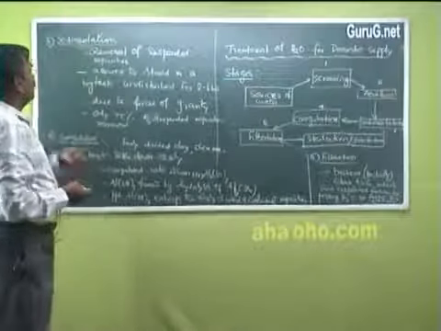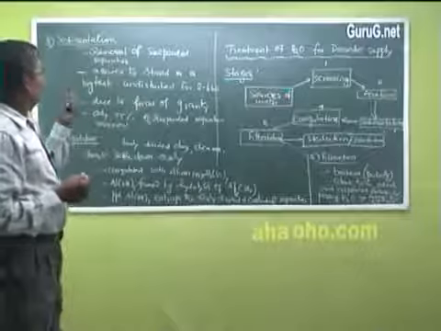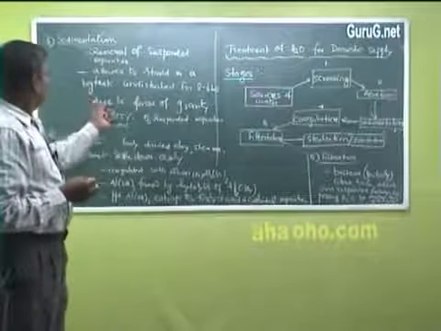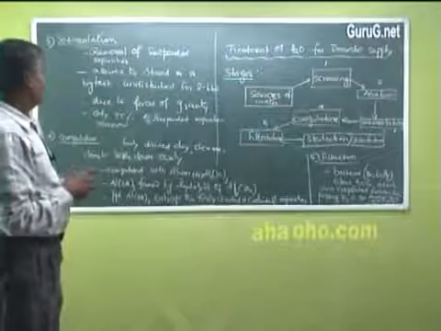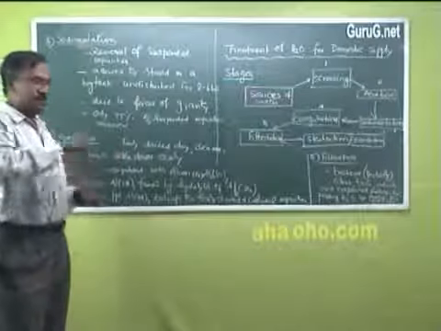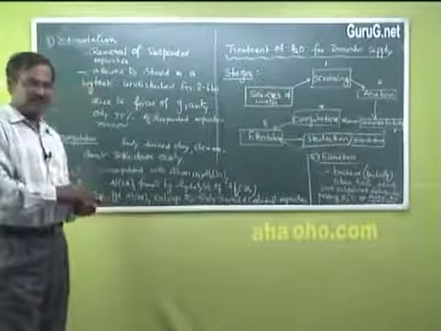Sedimentation is nothing but removal of suspended impurities by allowing the water to stand in a very big tank, undisturbed, for 2 to 6 hours. Due to the force of gravity, the particles settle down. That's all.